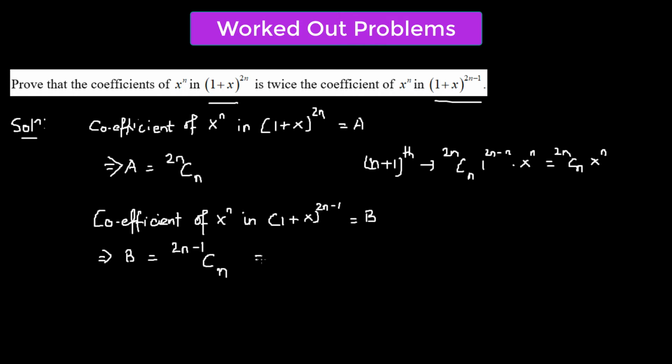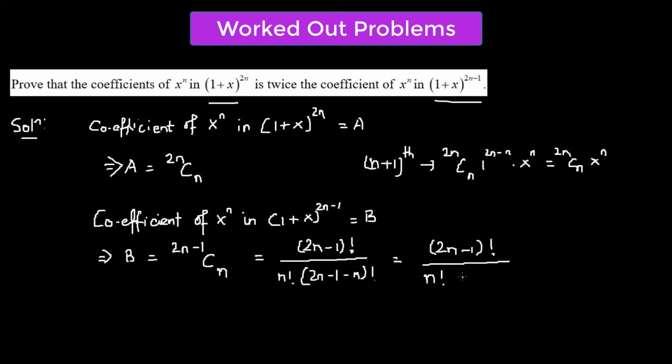This will be (2n minus 1) factorial divided by n factorial times (2n minus 1 minus n) factorial. So this will be equal to (2n minus 1) factorial divided by n factorial times (n minus 1) factorial.